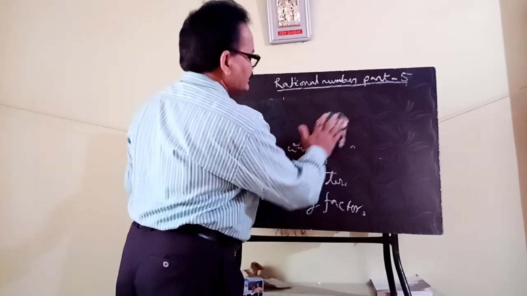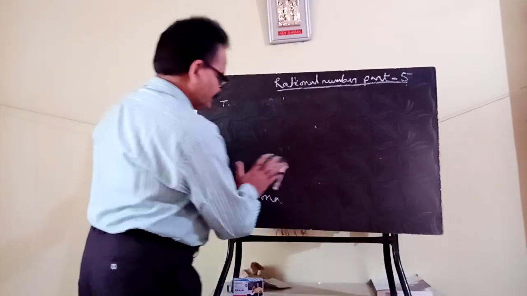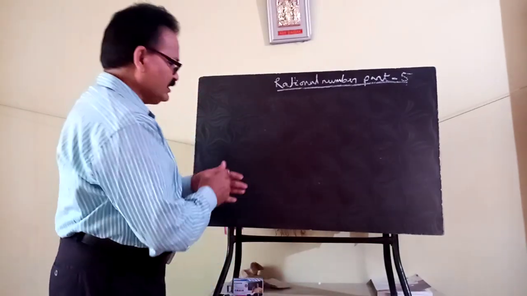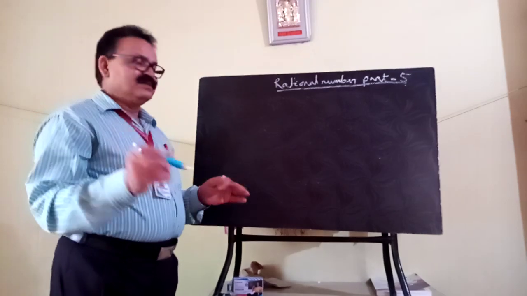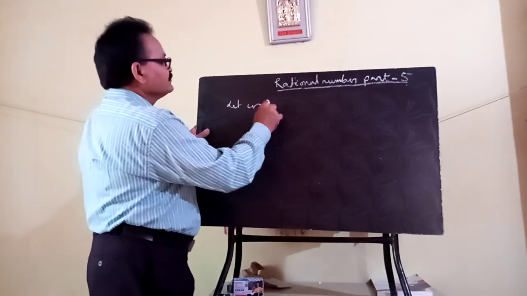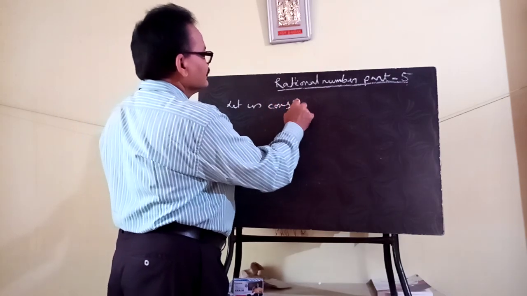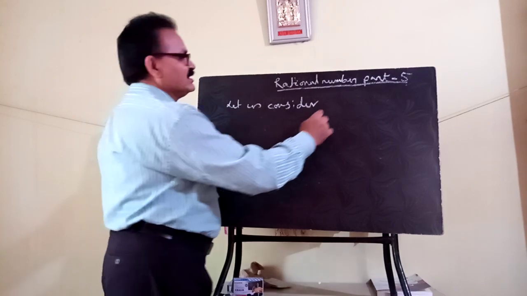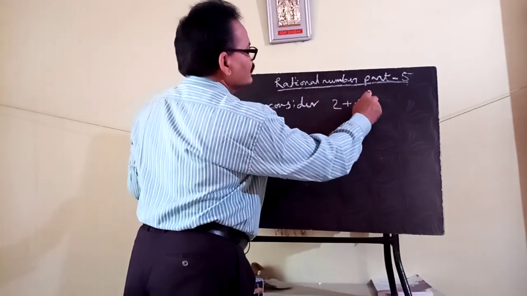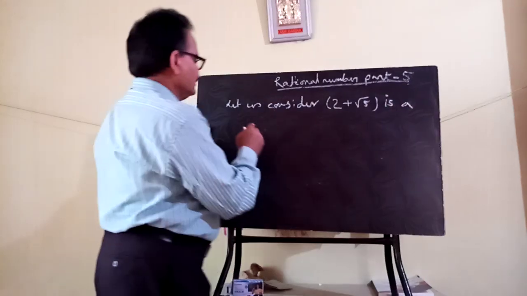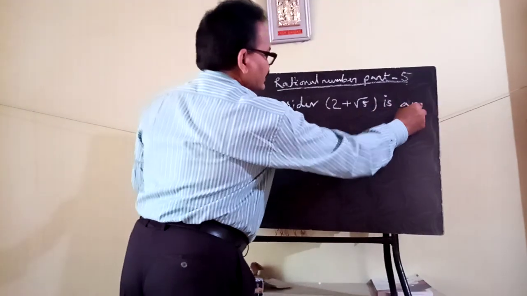Example of rationalizing factor. Let us consider 2 plus root 5 is an irrational number.